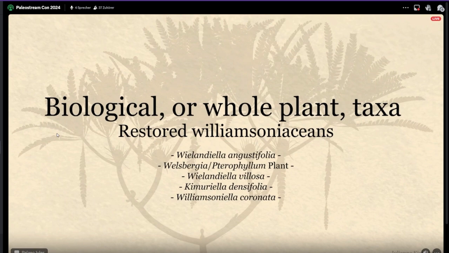But when we find those organs are associated together, aka they would have existed on the same actual plant, a biological taxon, we often give that either a separate name or we name it after the female organ, or sometimes the first thing which was named. It really varies. But whenever we find the organs separate in the fossil record, which is how we mostly find them, we will still call it the original name. So unlike when we synonymize things in animal paleontology, we don't really synonymize things in the same way in paleobotany.